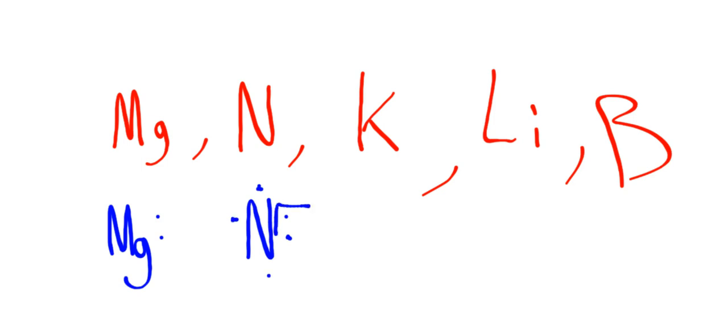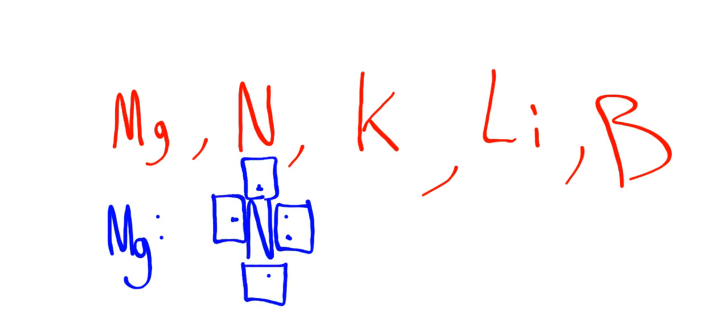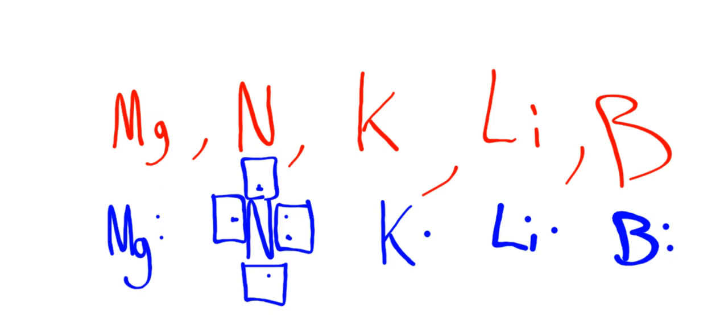And they're together in the S box, and they're alone in the P box, if you remember. All right, then potassium is in family 1, so it only has 1 dot. All right, lithium is also in family 1, so it has 1 dot. And then boron is in family 3, so it should be a B with 1, 2, 3 dots.